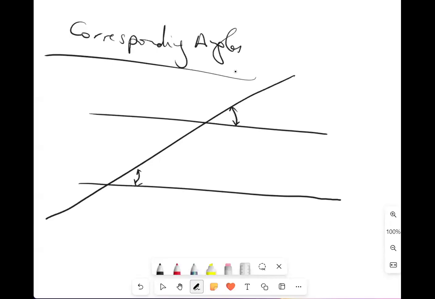So if here it's C and this is G, then C is equal to G. Similarly, if this is B and this angle here is F, then B is equal to F.